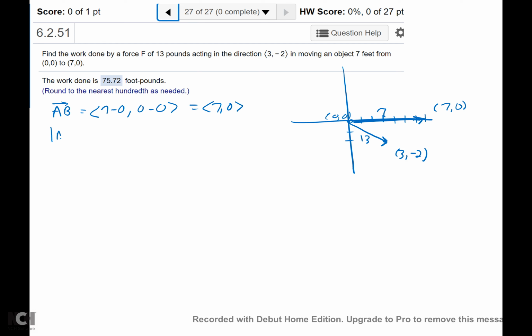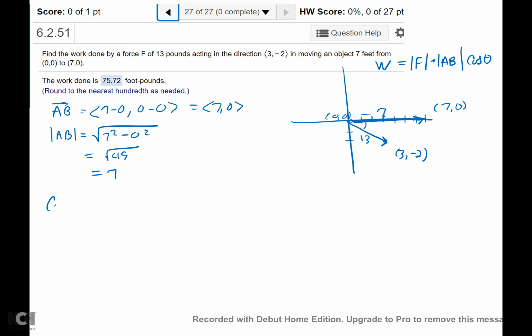And the magnitude of AB would be the square root of 7 squared plus 0 squared, which is the square root of 49, which is just 7. Okay? So now I find the angle between those two vectors, and why am I doing that? Because remember, work is equal to the magnitude of the force times the magnitude of the moving object times cosine theta. So I've got to find theta.